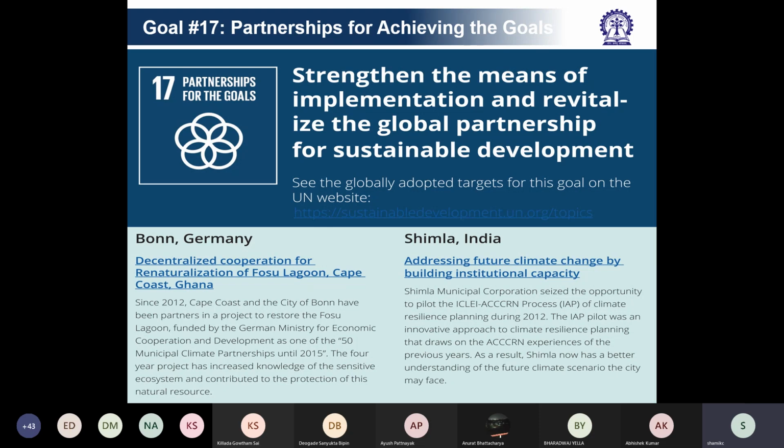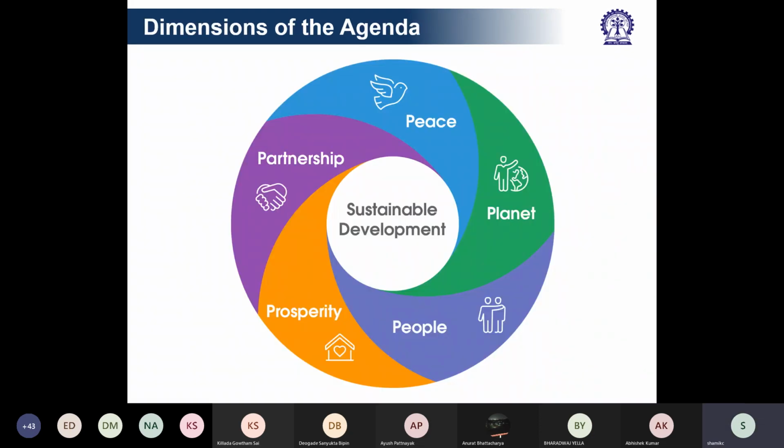This final goal 17 lays out a way for nations to work together to achieve all the other 16 goals.